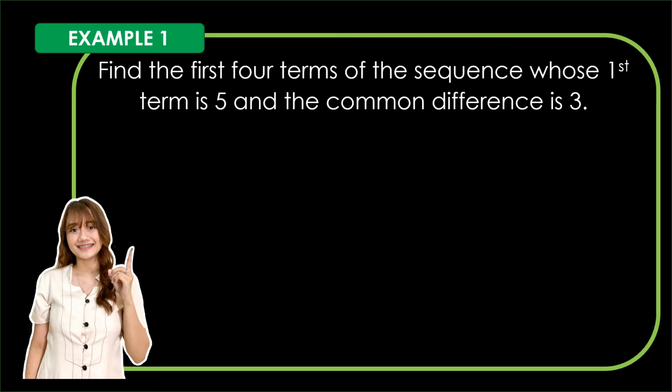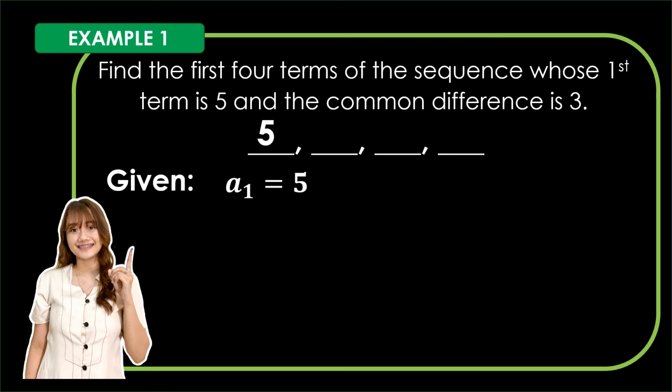From our problem, it asks for the first 4 terms of the sequence, given that the first term is 5. Since the first term is 5, we can write a sub 1 is equal to 5. Given also that the common difference is 3.